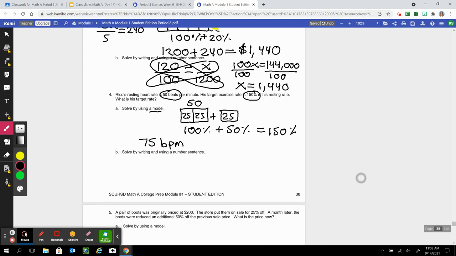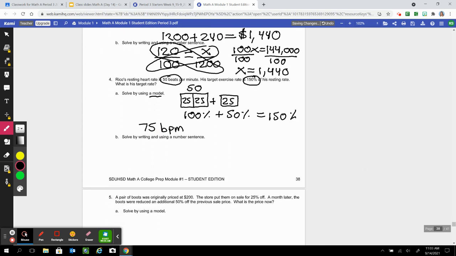Now we're going to try solving the same problem using a number sentence. So the way I would solve it using a number sentence is I would do 150 over 100 equals x over 50. Okay, now I would cross multiply. I would multiply 150 times 50. So I'd cross multiply my diagonals, get 100x equals 7,500.